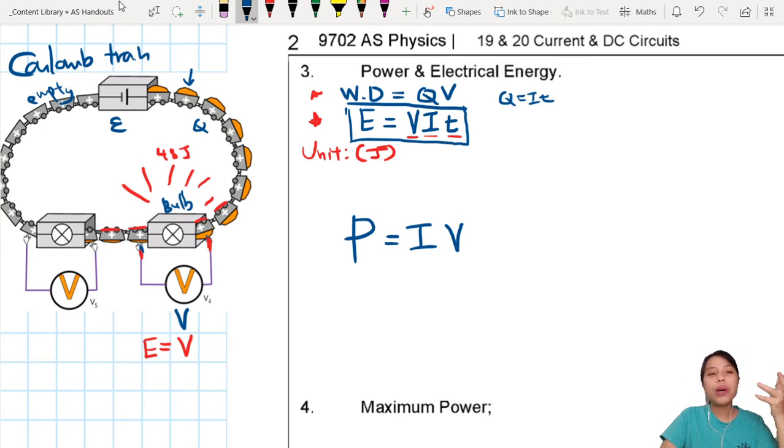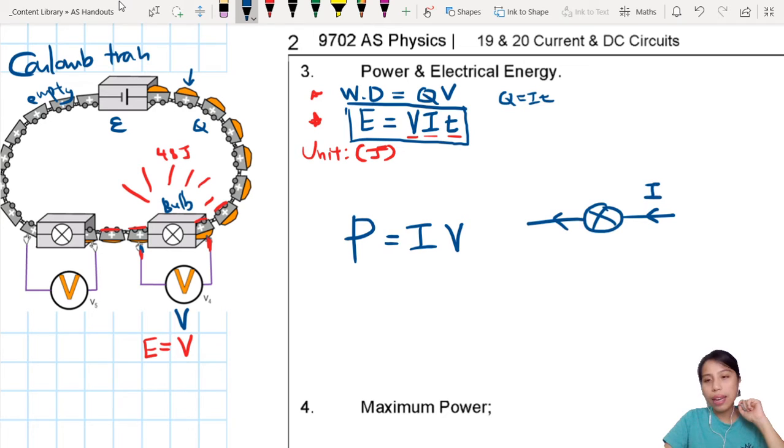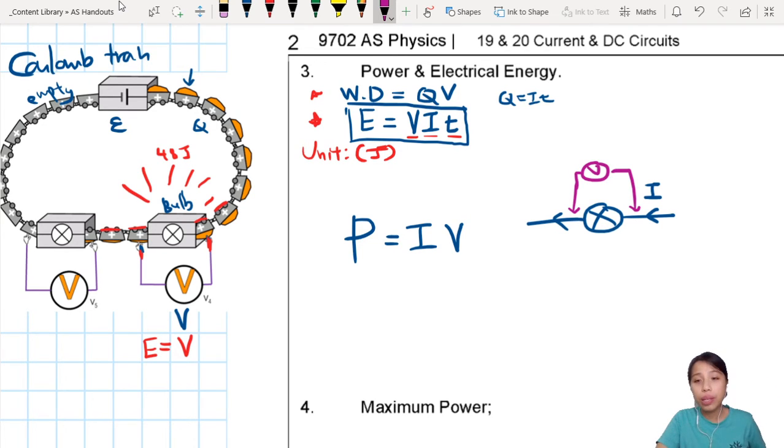What is the power transformed by this light bulb? Well, you could say there's a current flowing through it. Let me redraw that. So light bulb, current flowing in, that's I. V here will be the potential drop between here and here. If you measure with the voltmeter, there will be a potential drop, and that's the V that we're looking at.